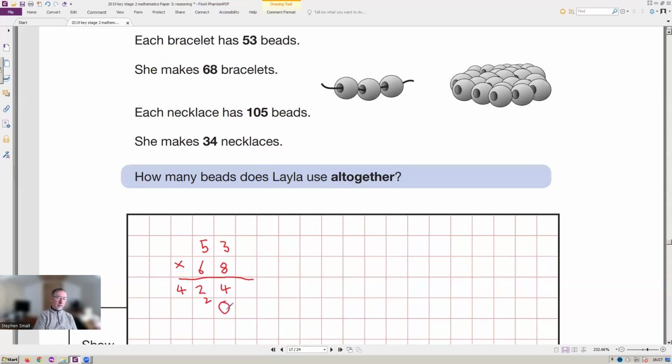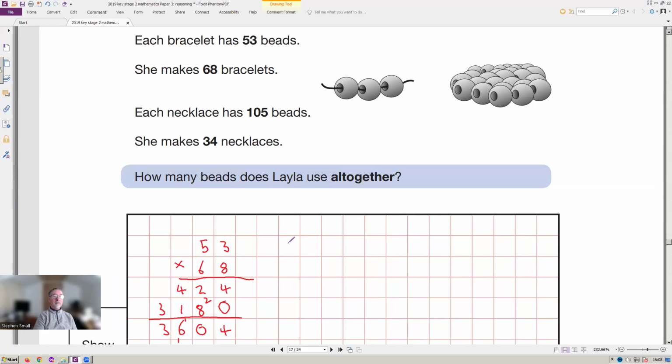Put the 0 down because we're now timesing by 60, really. 6 3s are 18. 6 5s are 30, and 1 is 31. Then we have to add them together. 4. 8 and 2 is 10. Put the 0 down, carry the 1. 1 and 1 is 2 and 4 is 6. And then we got the 3. So that's 3604 for that one.